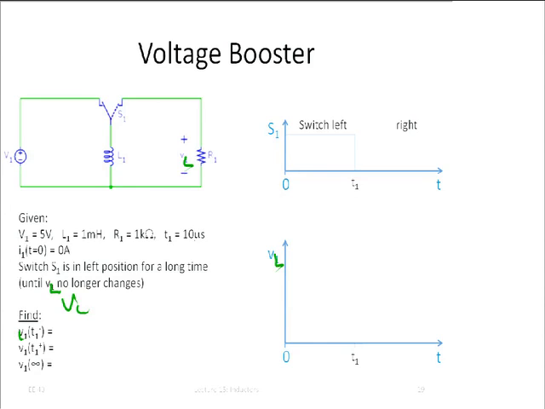You probably will be helped by getting a piece of paper out and drawing this. If it's in the left position, how can we leave it? We're assuming there's no breakdown. We leave it in the position on the left side for time T1. Time T1 is 10 microseconds. So for 10 microseconds, we leave it there. The current goes from 0 to some bigger value, but not to infinity.